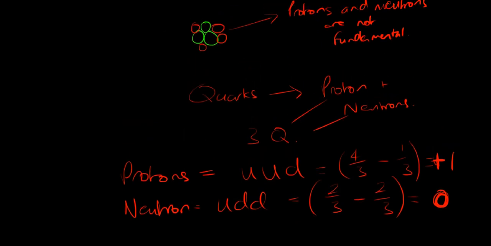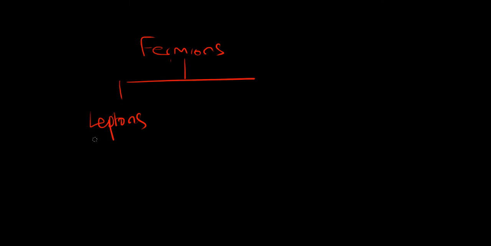If we look slightly deeper, I'm going to quickly erase this off the board. If we look at a slightly bigger picture, let's say we have fermions, okay? You can have your leptons over here to the side, and you'll have your electrons etc. over here. And you also have these things called hadrons, which is a name that we give for particles that consist of quarks. On this section you'll have two things.